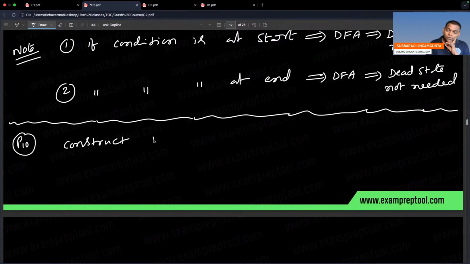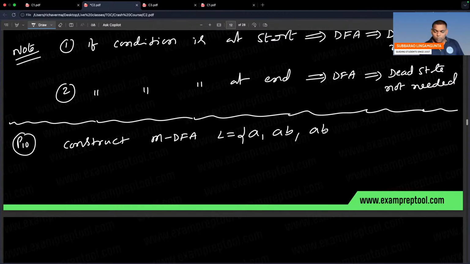Construct the minimal DFA for the language L equal to {A, AB, ABB, ABAB}. Try to understand this.